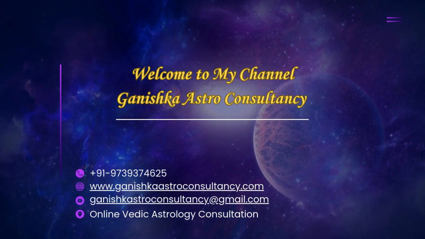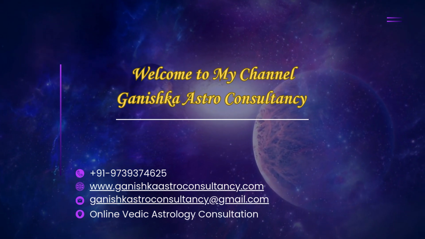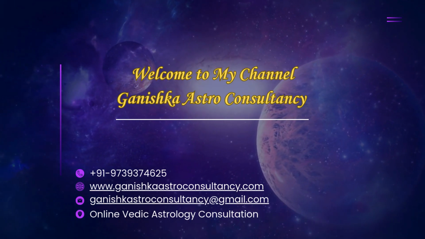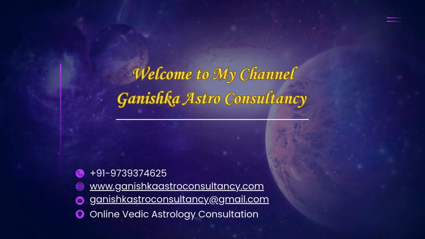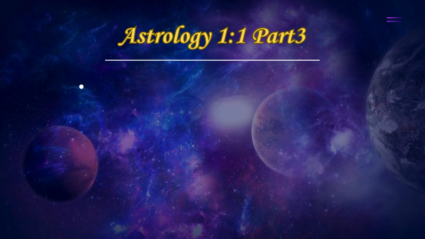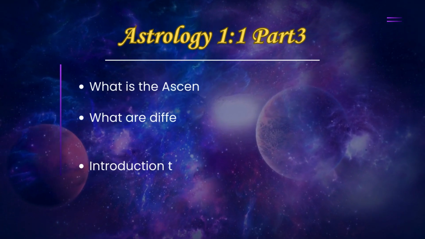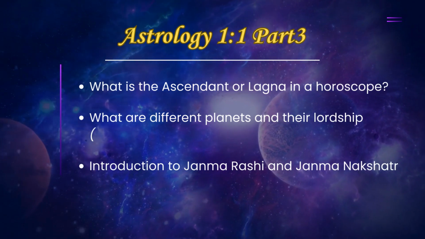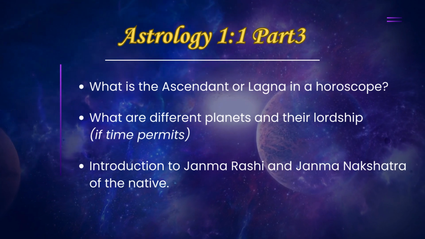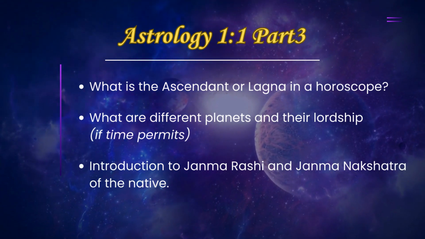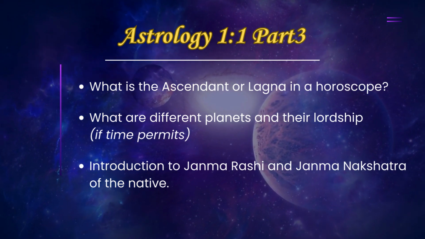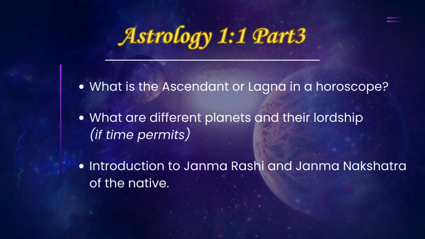So, as we are discussing in the series of videos on basics of astrology, in continuation to that, in today's video, we will cover what is Lagna or ascendant in a person's horoscope, what are different planets and their lordship in a horoscope, and lastly, we will cover Rashi or sign and nakshatra of the native.